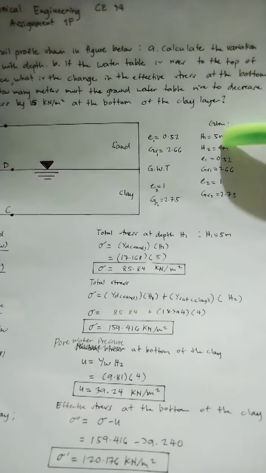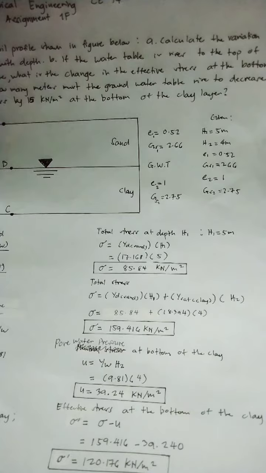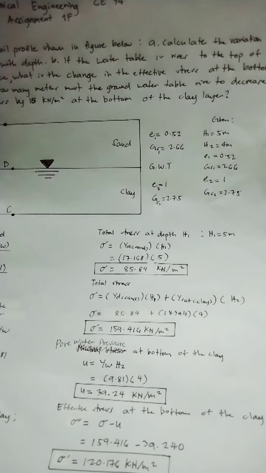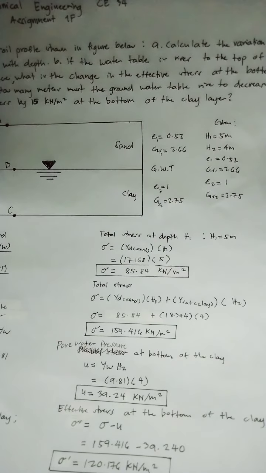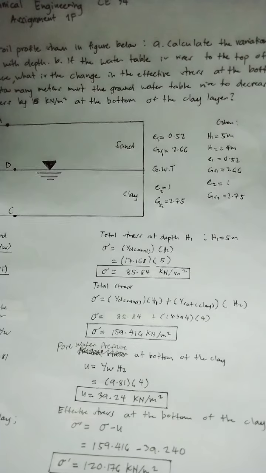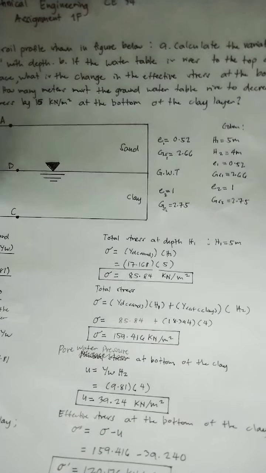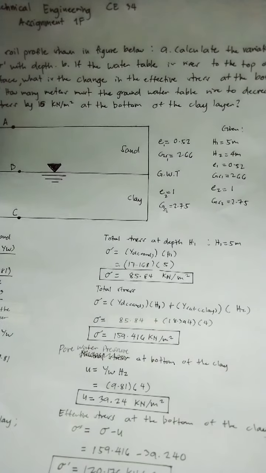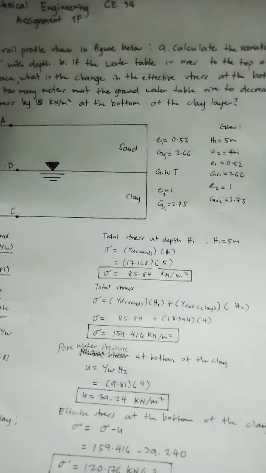So here are the givens: the void ratio 1 is 0.52 and its specific gravity is 2.66. Then the void ratio 2 is 1, then its specific gravity is 2.75.